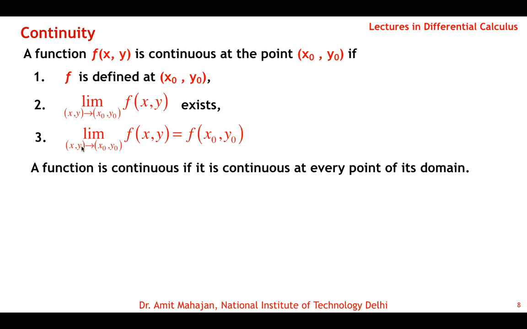And third, the limit of the function must be equal to the function value at that point. So if all these three conditions are met, then we say that the function is continuous at the point (x naught, y naught). And if a function is continuous at every point, then we say that the function is continuous in its domain.